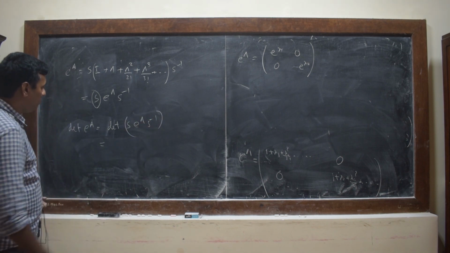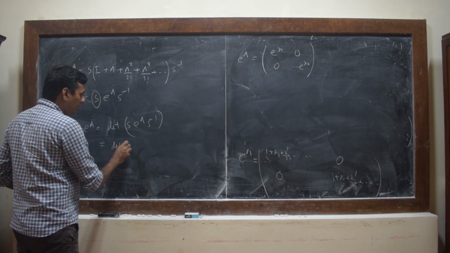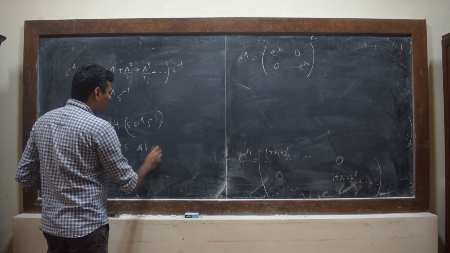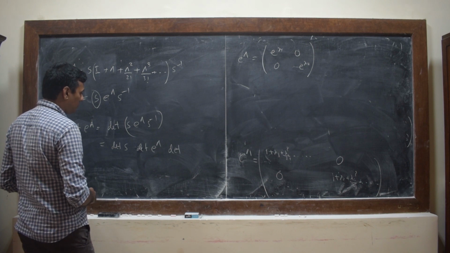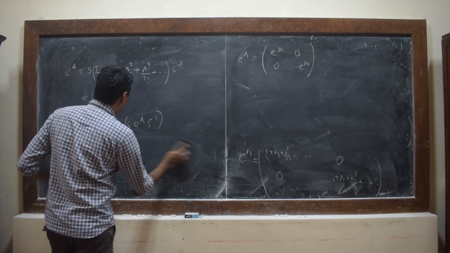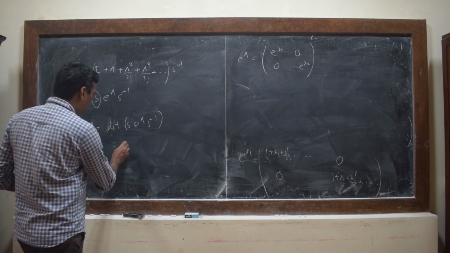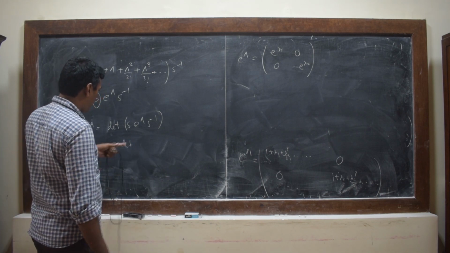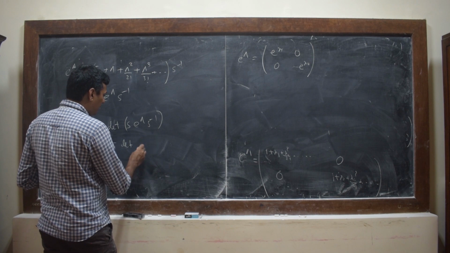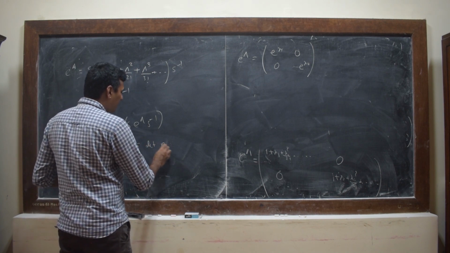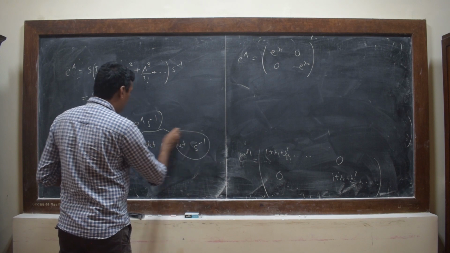The determinant of a product of matrices is the product of the determinants, so you can write this as determinant of S into determinant of e raised to lambda into determinant of S inverse, and determinant of S into determinant of S inverse is going to be 1.